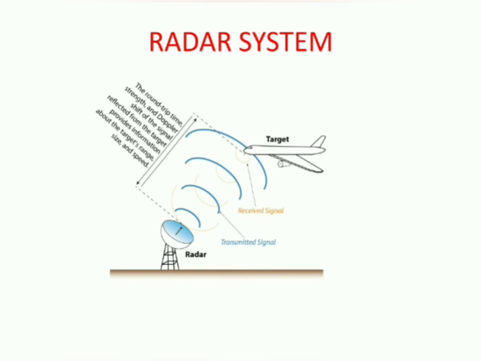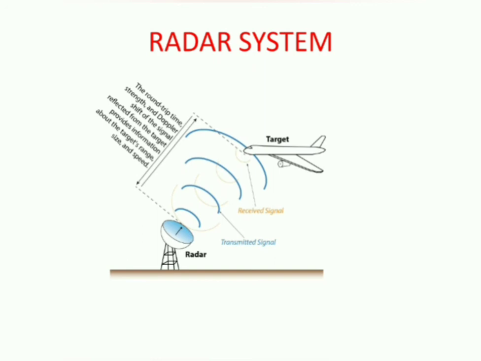If there is a change in frequency between the transmitted and the received signal, it can explain whether the object is moving towards or away from the system. So this helps in finding out the speed of the target, whether it is moving towards or away, and with what speed it is going to come towards the surface. So this is how a radar system works.